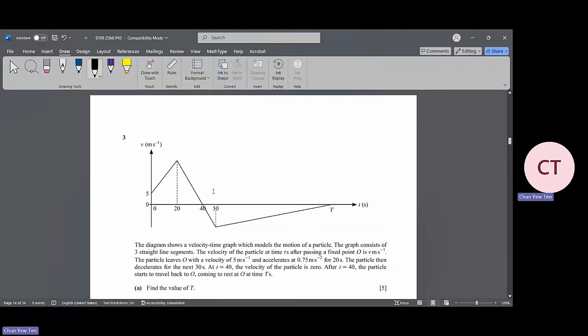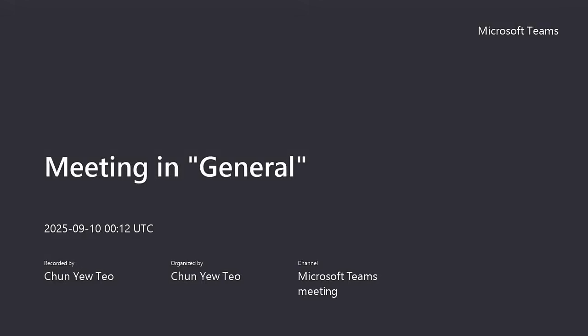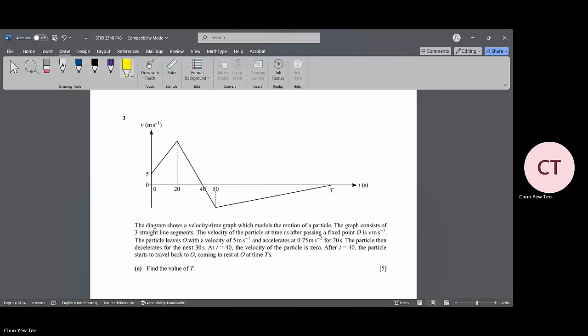Now we're moving on to question number 3. Over here, it shows a velocity against time graph, which models the motion of a particle. The graph consists of 3 straight line segments. The velocity of the particle at time t seconds after passing a fixed point O is v meter per second.